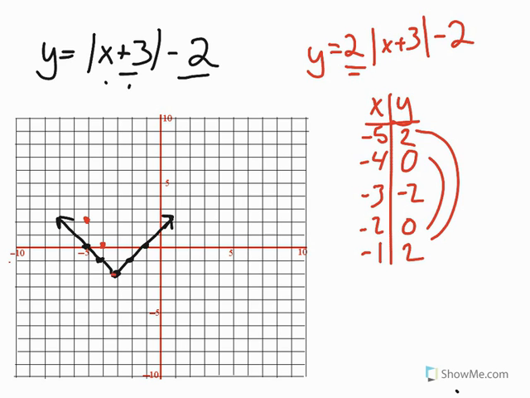And -3, -2 is the vertex again, and -2, 0 is there, and -1, 2 is there. And so you can see on this one that we still have our V, but now the shape has gotten taller because each of the points have actually moved up.